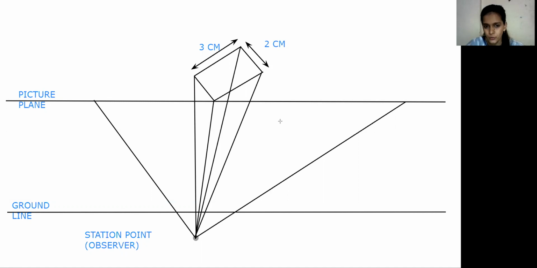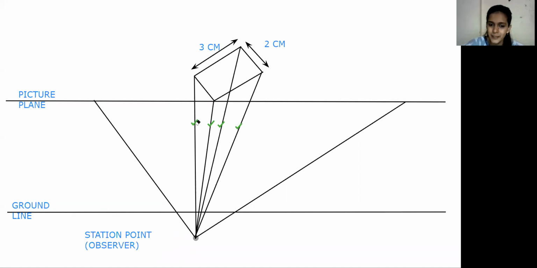point. Now you need to erase part of these lines. Which lines? We have lastly drawn these four inclined lines. We need to erase the lines between the picture plane and ground line.